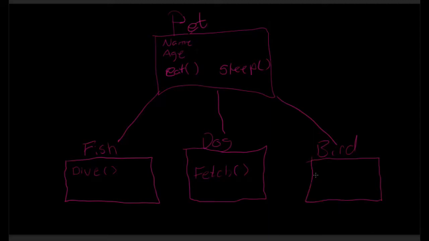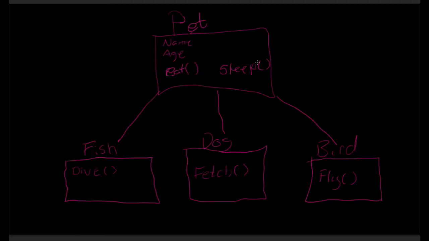A thing a bird can do that a dog can't, and a fish can't, well, some fish might be able to, there are flying fish, but let's say fly. So we have three very distinct types of pets, and they all inherit the main attributes of a pet, because a dog, a fish, and a bird can have a name. They definitely have an age. They can all eat and they can all sleep.